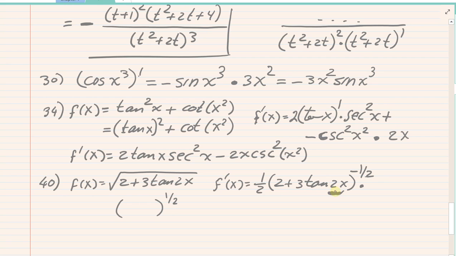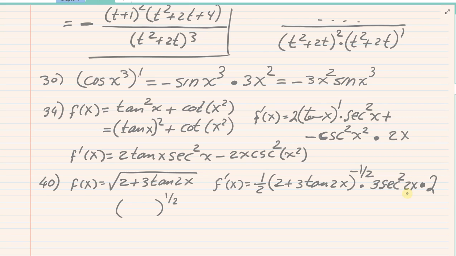Derivative of a constant multiple of tangent, that's going to be 3 times secant squared 2x times 2, that's the chain rule. And again, be careful, don't multiply these to 4x. That's incorrect, because 2x here is the argument of secant. You cannot multiply it by the number on the outside.